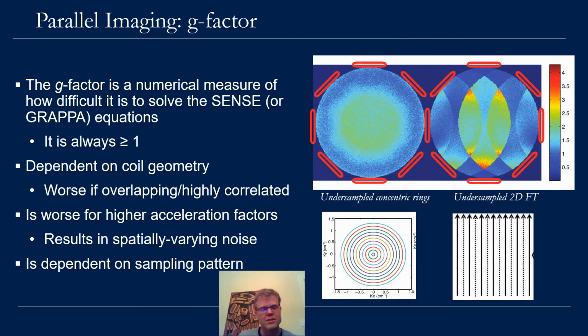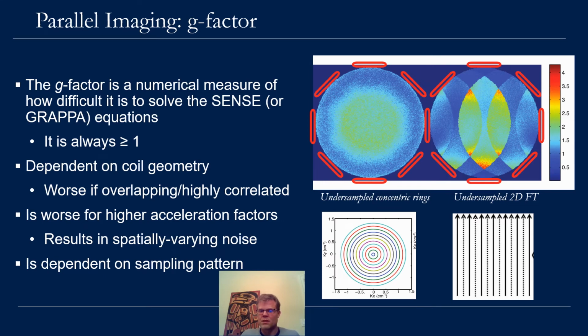And finally, it's actually dependent on the sampling pattern used as well. So here's a simulation of a G factor for two different k-space trajectories. One is simple, just skipping lines in k-space. At the right, we see that it actually has a worse G factor penalty, where you get these very bright red regions. These are going to be bad regions, creating more significant noise amplification.